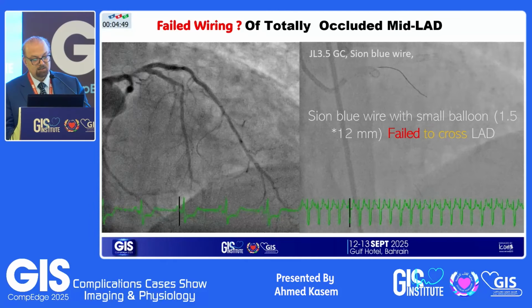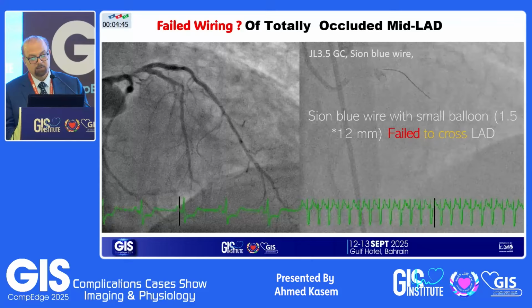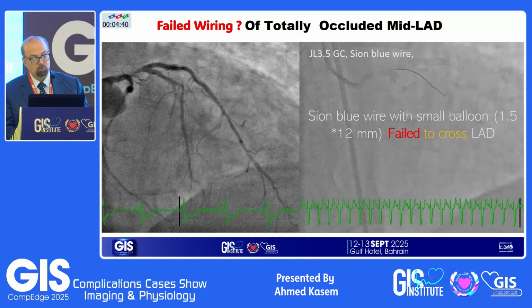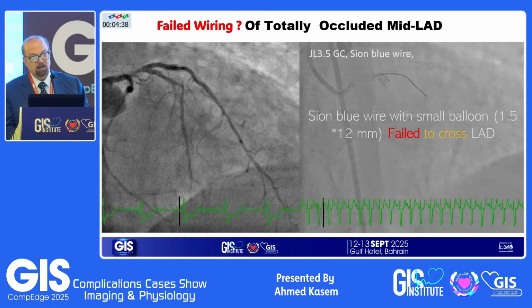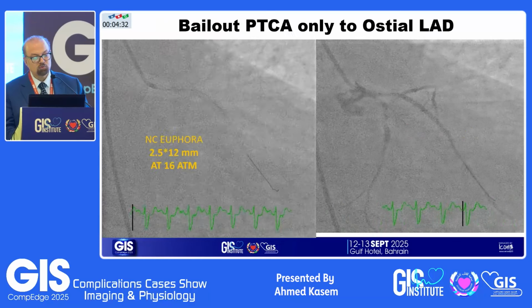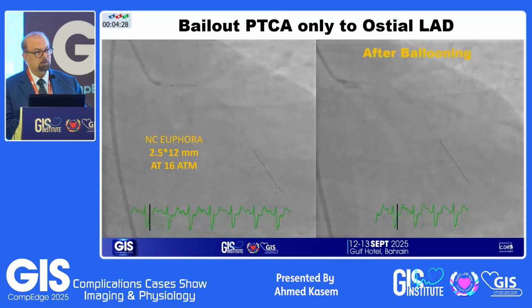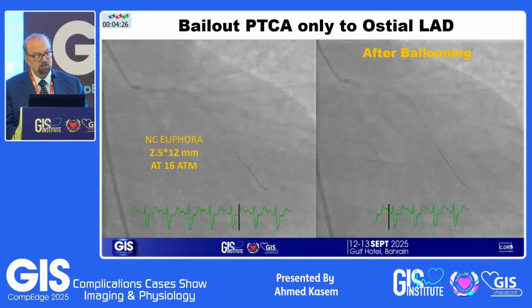In this situation, with this anatomy, I took a very rapid decision to stop trying in this LAD, just optimize the very tight in-stent restenosis in the proximal LAD and left circumflex, and refer the patient for discussion with the surgical team.